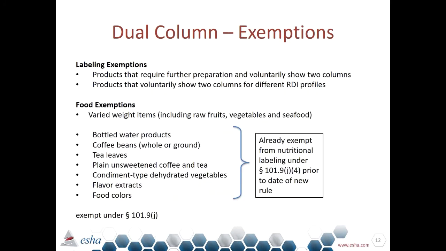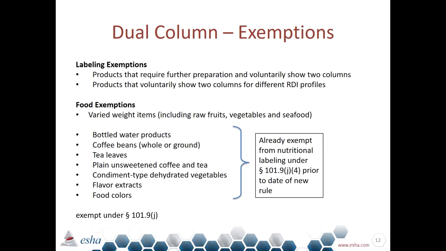There are certain exemptions from dual column labeling, so let's talk about them. We break them down here in terms of food type product exemptions and labeling exemptions. Firstly, when products voluntarily show 2 columns for either as packaged and as prepared, or for different DV, for different RDI values, those items will be exempt from the 200 to 300% dual column rule.